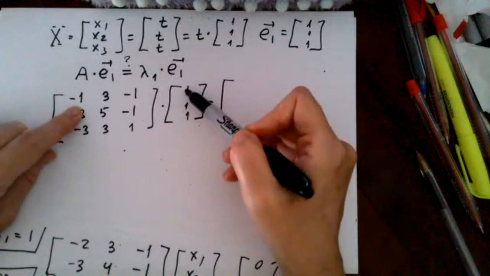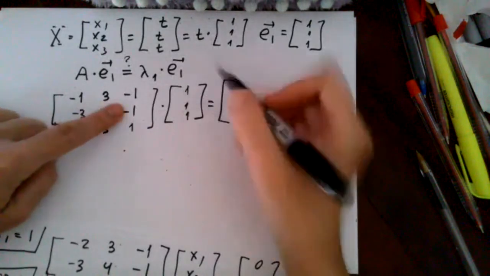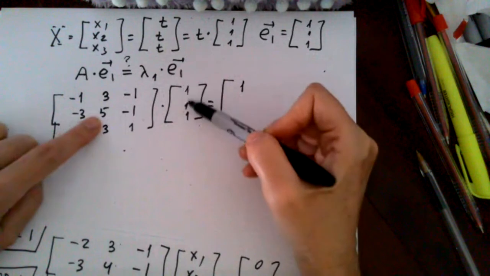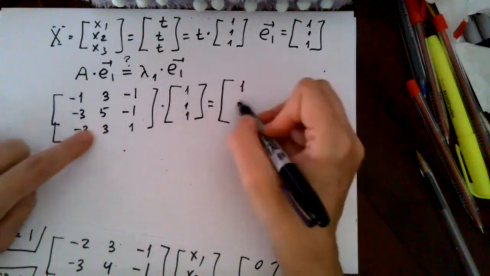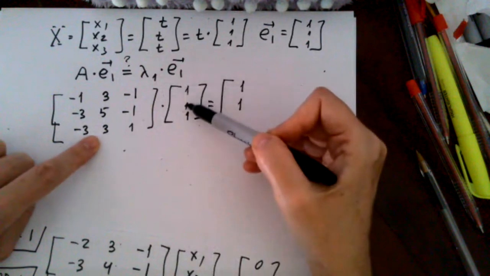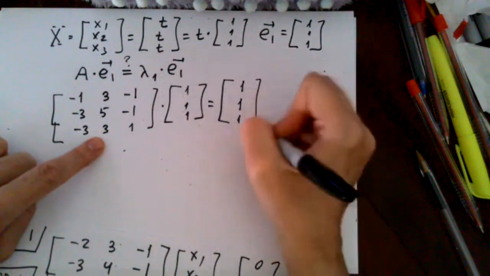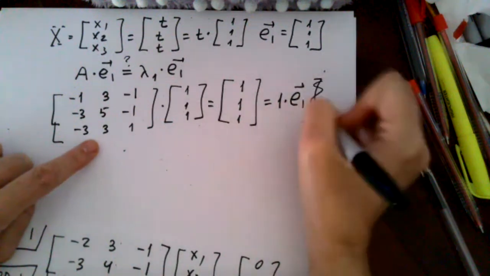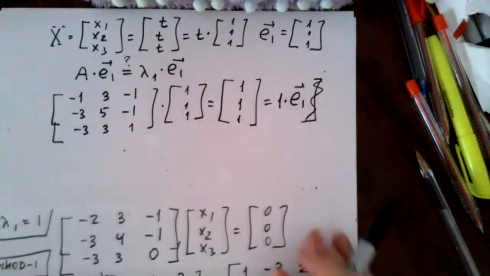Let's do the multiplication, super easy. -1 plus 3 is 2, 2 minus 1 is 1. The second row: -3 plus 5 is 2, 2 minus 1 is 1. Nice. And the third row: -3 plus 3 is 0, 0 plus 1 is 1. As you can see, it equals 1 times E1.